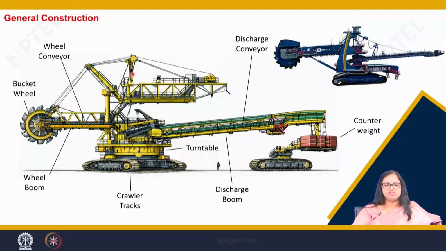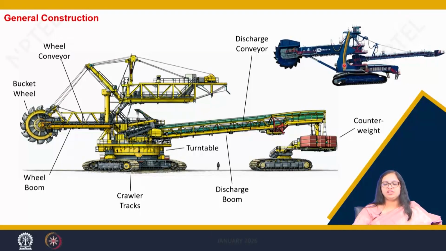Now while we see this kind of construction, the frontal attachment, that is the boom conveyor and the bucket wheel, are balanced by the rope winch arrangement, which is attached to this mast. Here you are unable to see a mast, but there is a mast through which this rope winch arrangement goes, and the winches are loaded onto the counterweight boom, where it balances the frontal attachment of this machine.